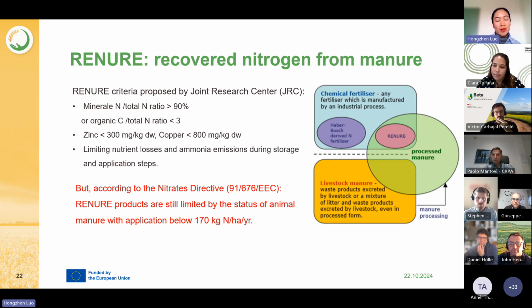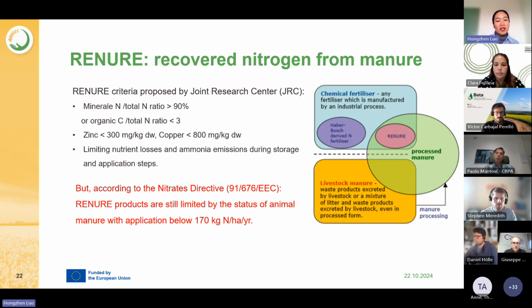So I'm talking about another livestock intensive region, in Flanders. It's a nitrate vulnerable zone, meaning, according to the Nitrates Directive, that manure product can only be applied to a maximum of 170 kilogram nitrogen per hectare per year. So that means in this region there is quite some manure left that cannot be consumed by the croplands in this area.